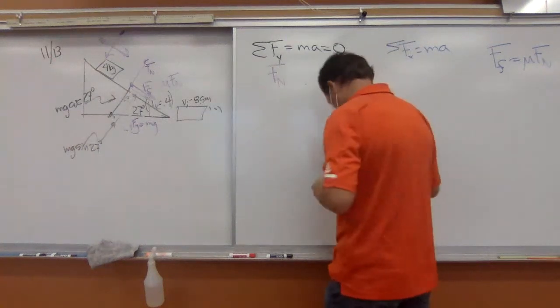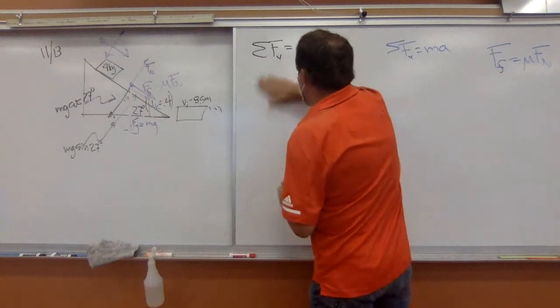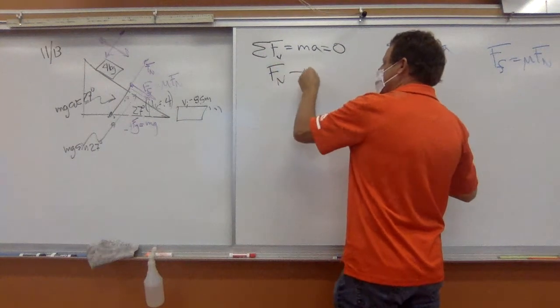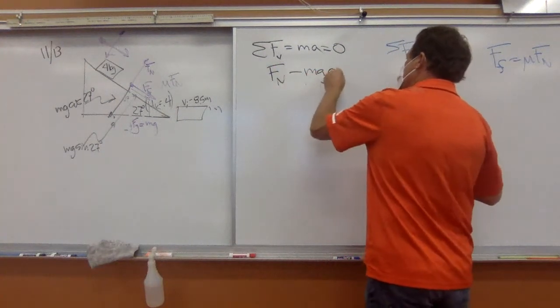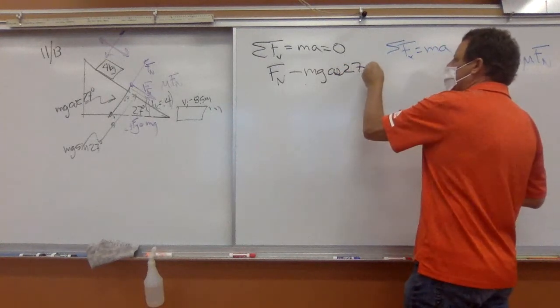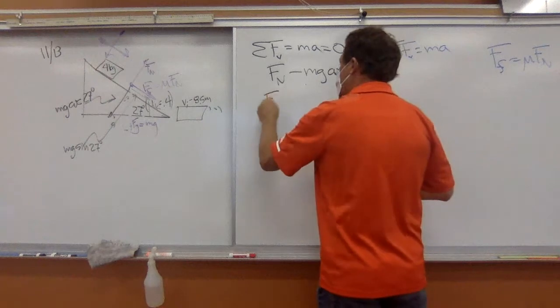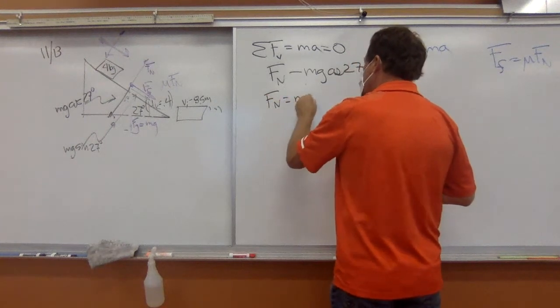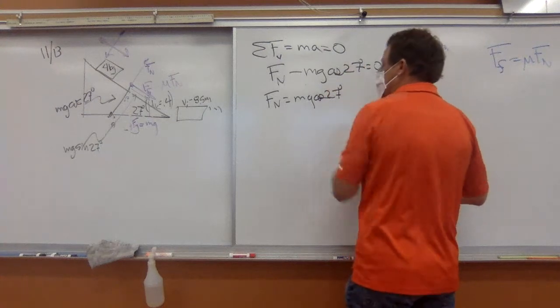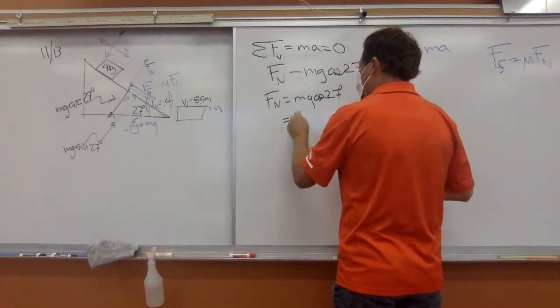So the normal force minus mg cosine 27 is equal to 0. Therefore, force normal is equal to mg cosine 27 degrees.